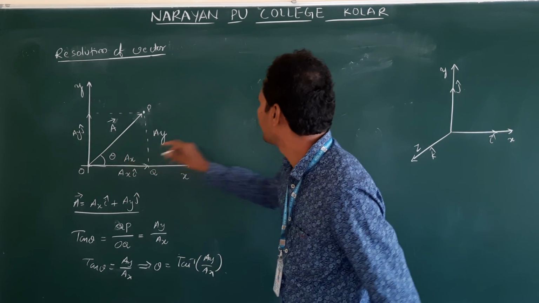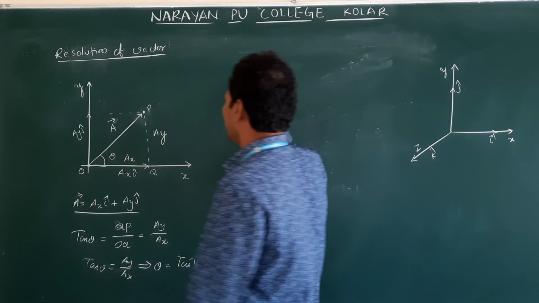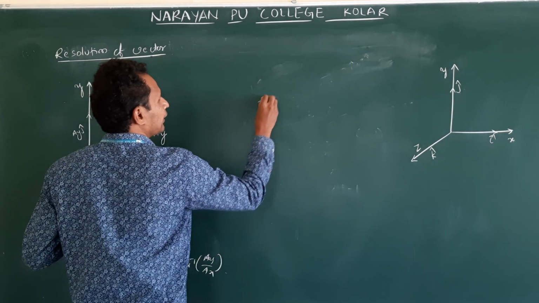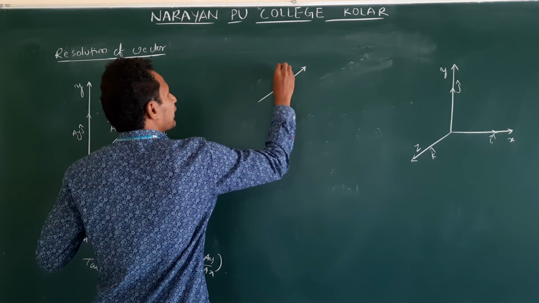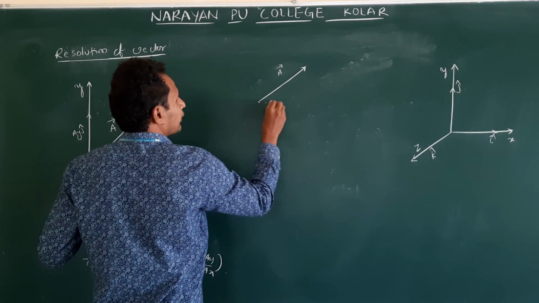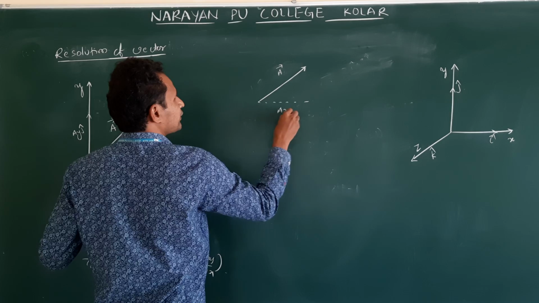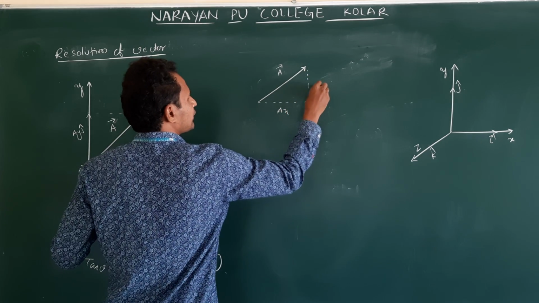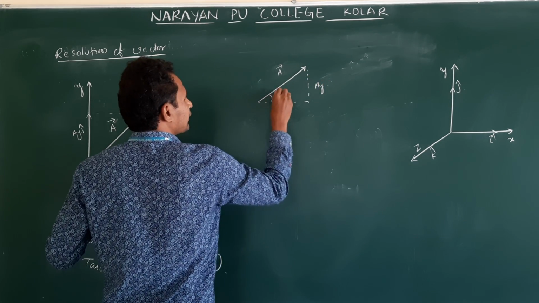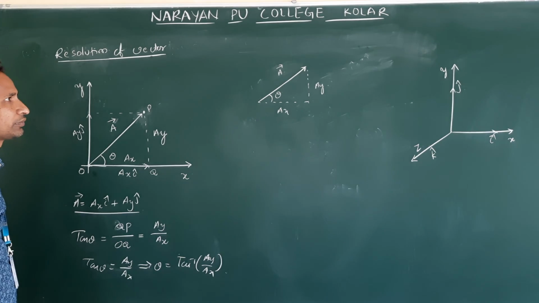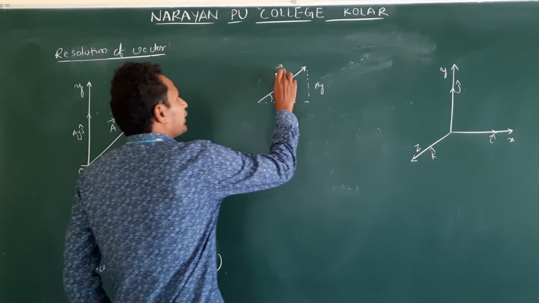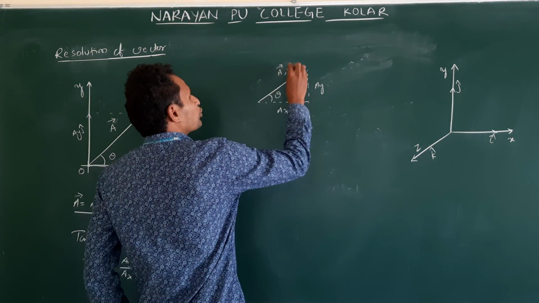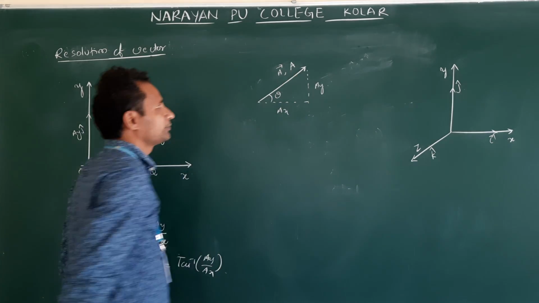I am drawing this simple triangle here. Note this triangle. This is A, vector A. This is Ax and this is Ay. This is theta. Clear? And vector A, whose magnitude we will write simply A.